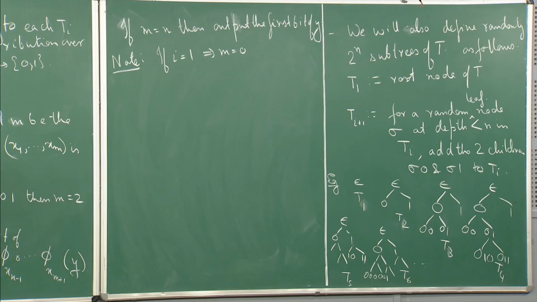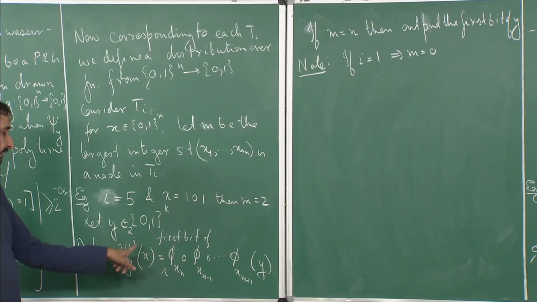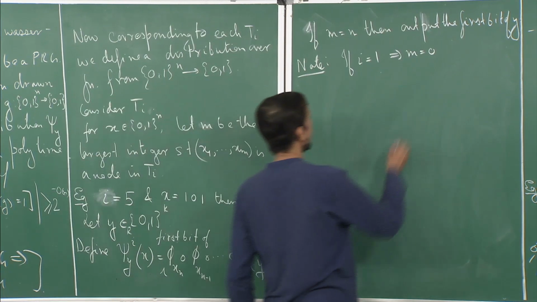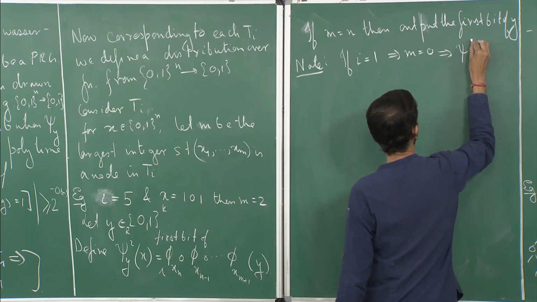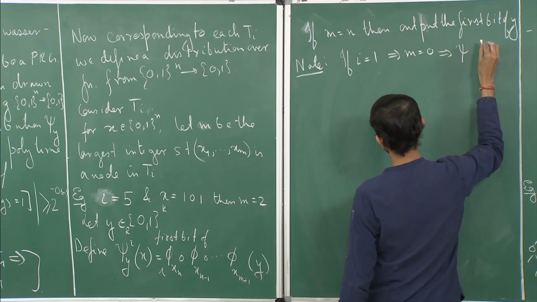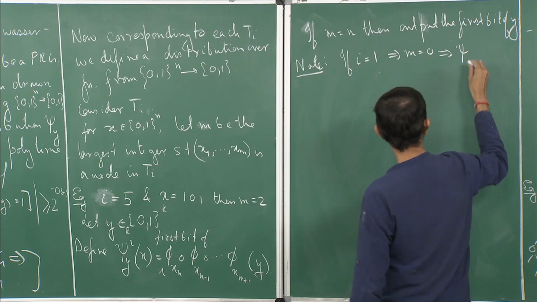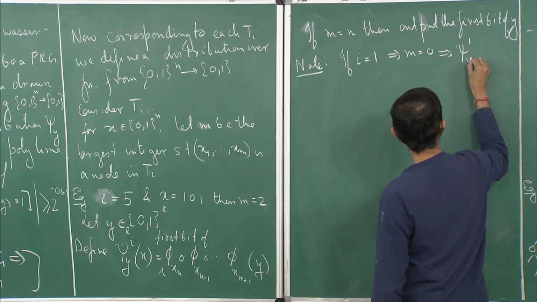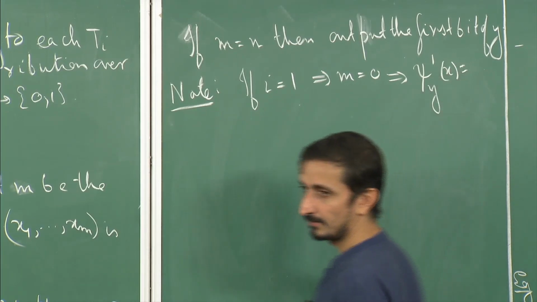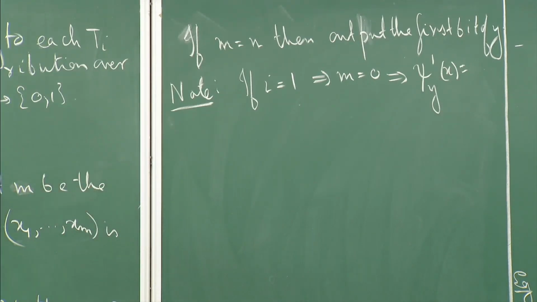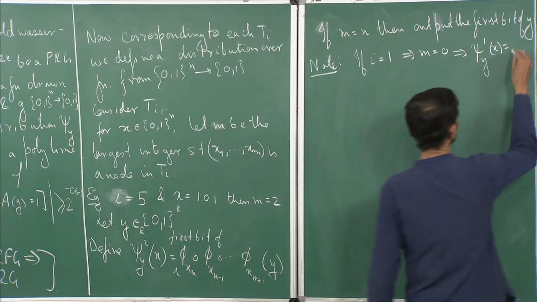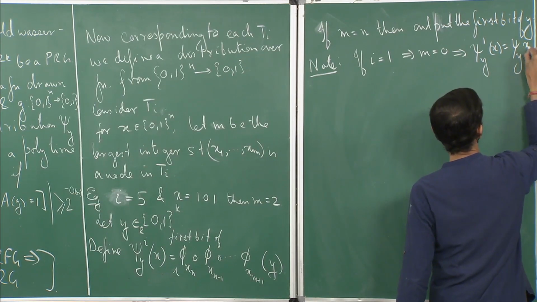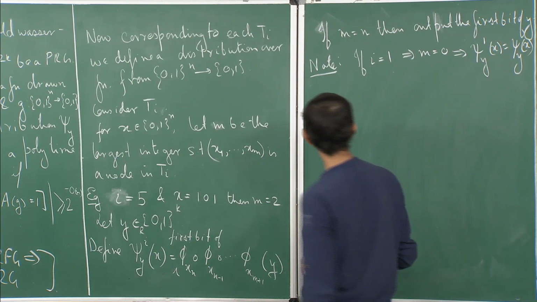What is psi_i y of x? It is exactly psi_y of x, because now I am going all the way up from x1. The function that we have.